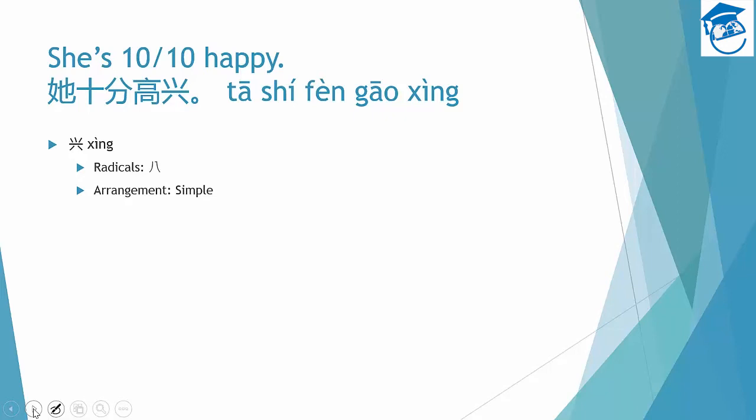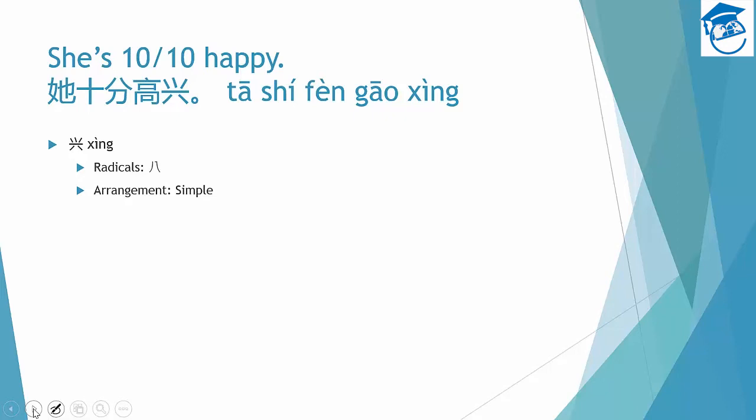Okay, 十分 means like 10 out of 10, and you have known these two individual words. So 十 means 10, if you can still remember, and 分 means minutes, but in here it can also mean mark or portion. But when you say 十分, it's like 10 out of 10, like 10 marks on a scale of 10.